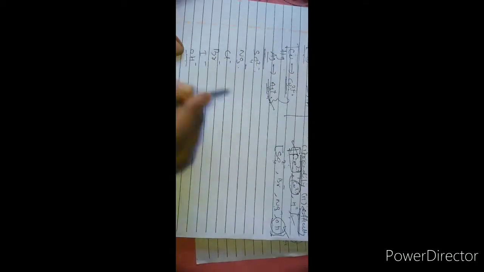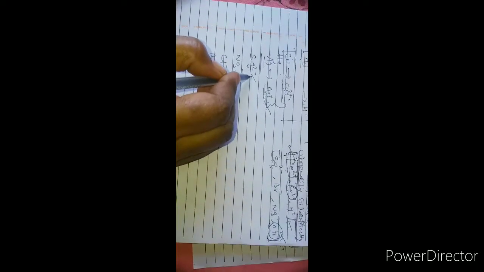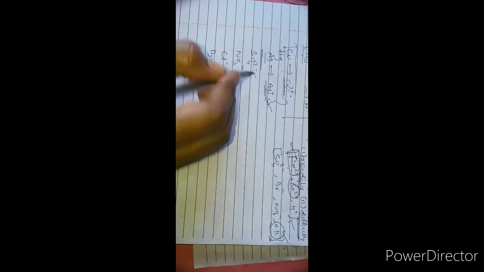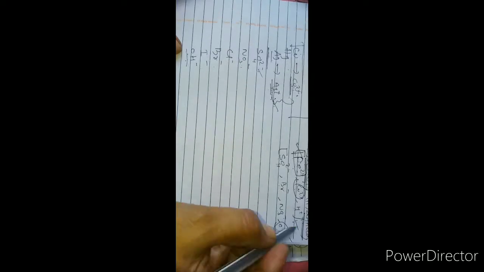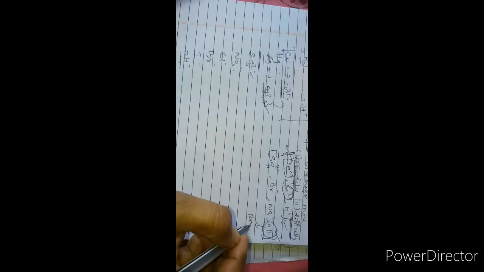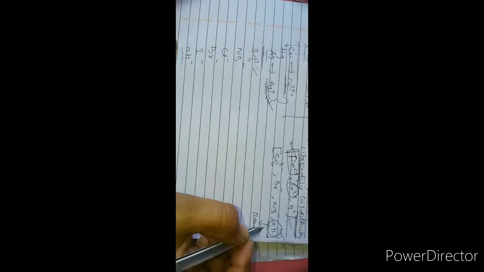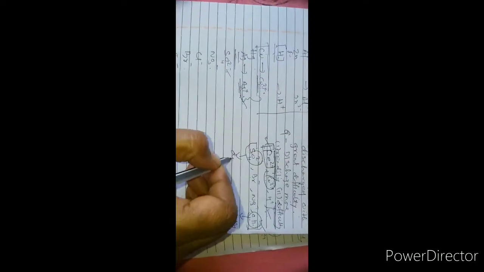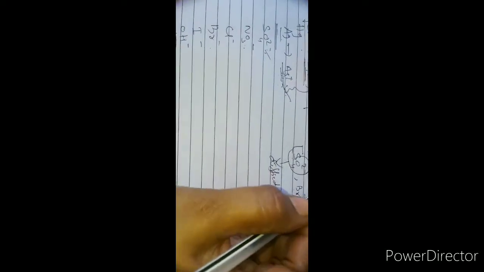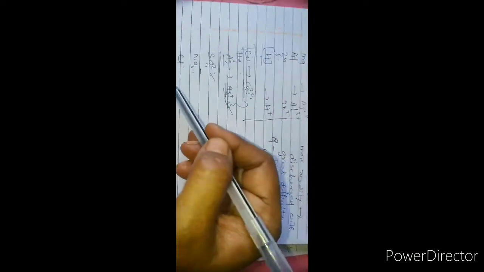Sulfate is at the highest position, so it has no chance; it will be discharged with difficulty. So while attending the question, see whether it asks for readily or difficulty. Okay, so this is the electrochemical series.